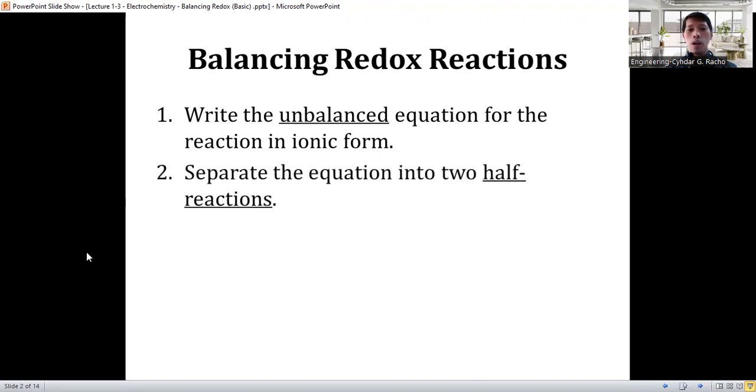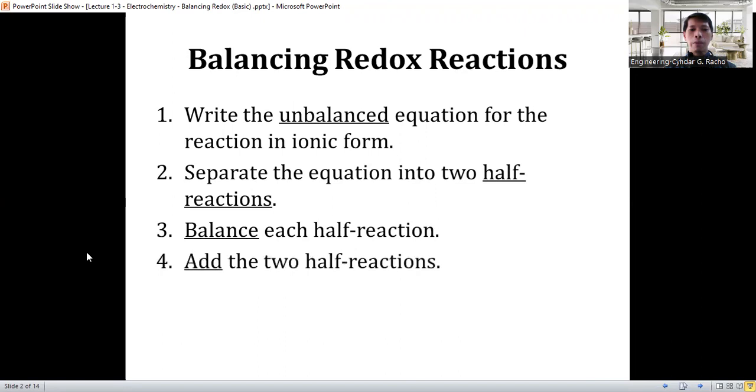Number 2, let's separate the equation into half reactions, and then number 3 is balance each half reaction. Then number 4, add the two half reactions, and number 5, add OH minus for every H plus.